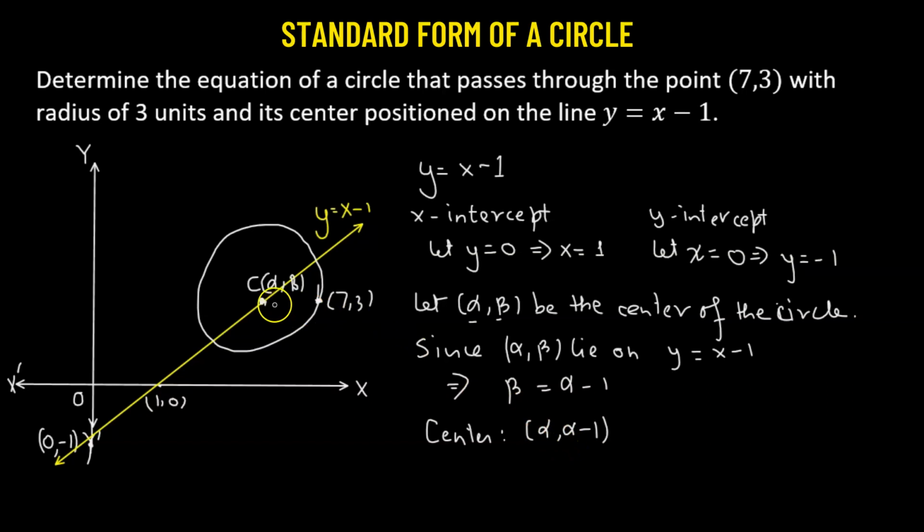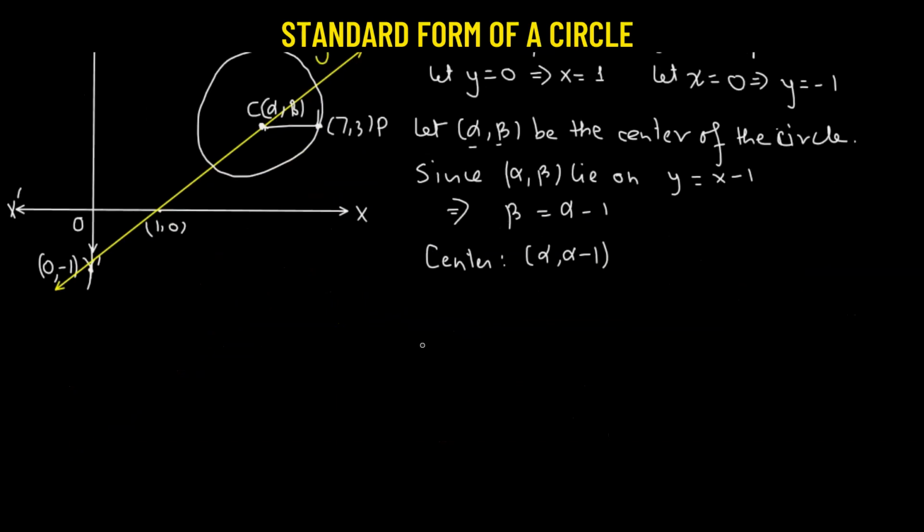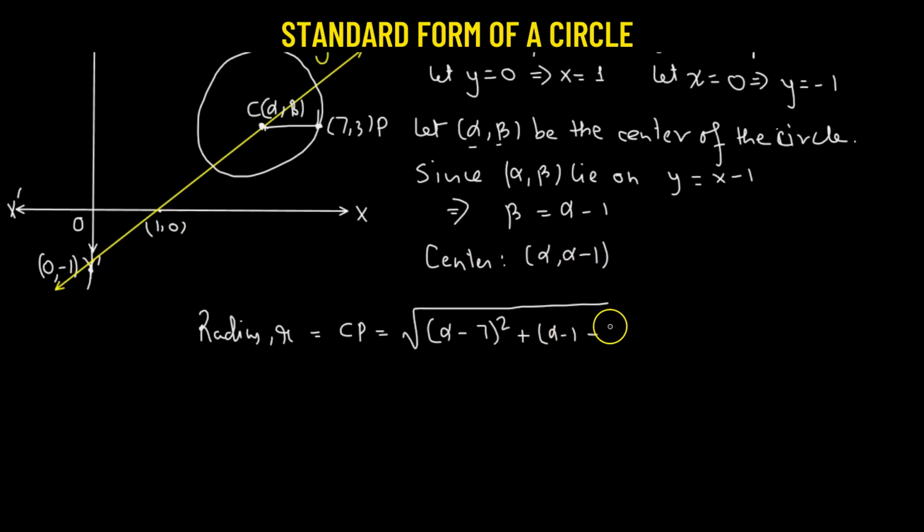Now our next task would be to find the value of alpha. For this we're going to join the center and the point (7, 3). Let's call it point P. We can use the distance formula to find the radius. So the radius r is given by CP, which equals the square root of the square of the difference of the x coordinates, alpha minus 7, plus the square of the difference of the y coordinates, alpha minus 1 minus 3.